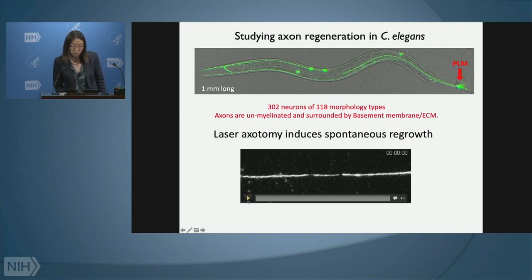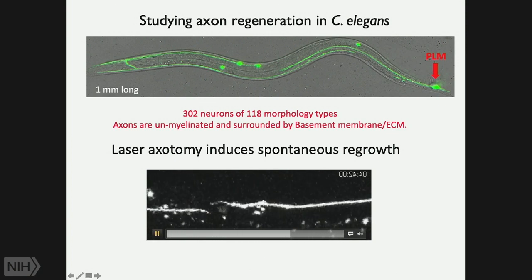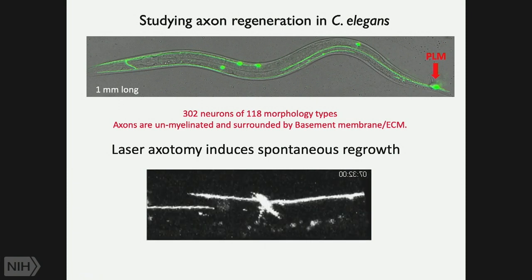And here is a movie, compiled from about 7 hours, where you see a laser cut and then the severed axons begin to initiate growth cones and filopodia to extend, very spontaneous, very rapid. But this regrowth doesn't repair the axon completely back to its developmental state.